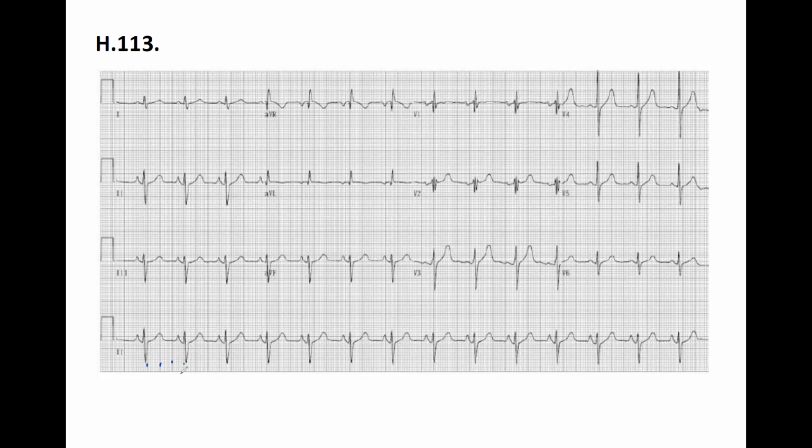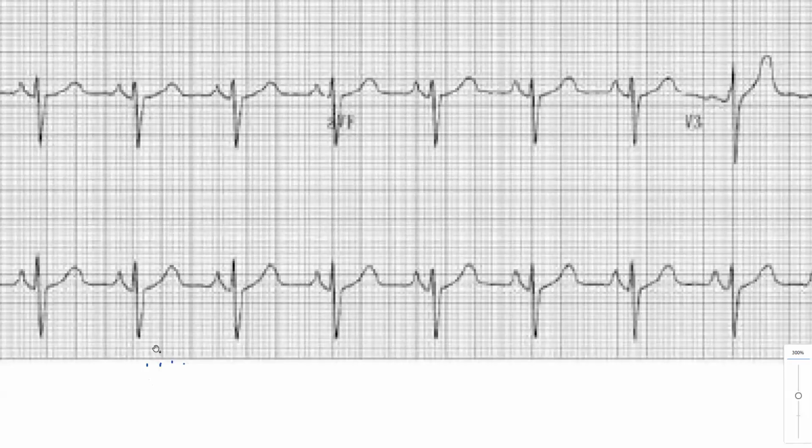I don't understand how you're calculating with the number of the boxes in between. This is a box. Maybe if I get closer, you will see it. These are 5 millimeters, so this is one box.